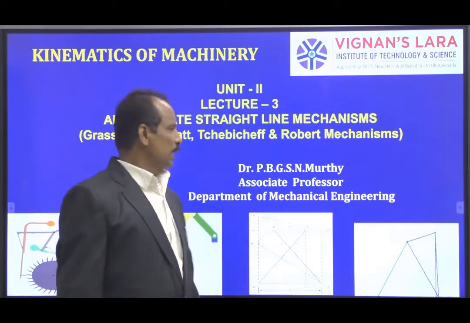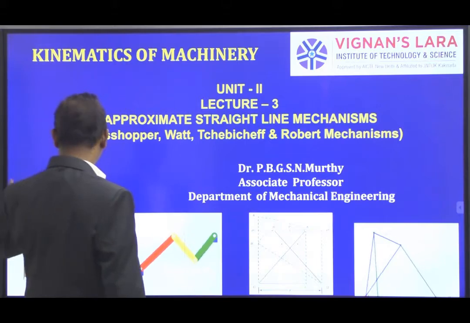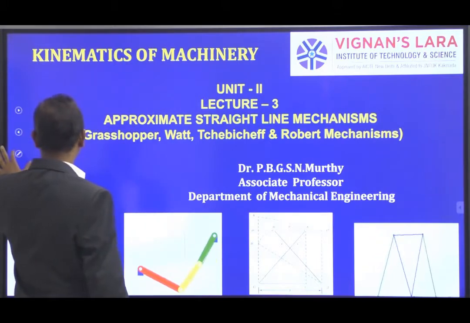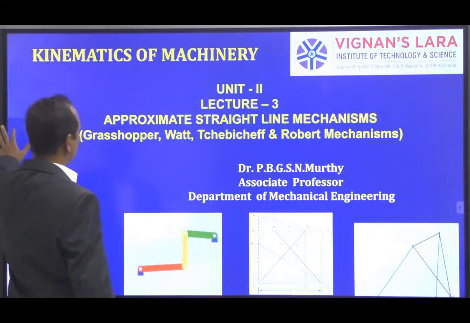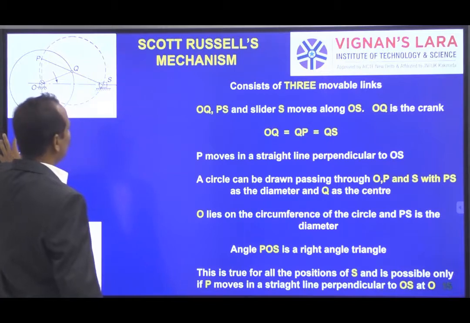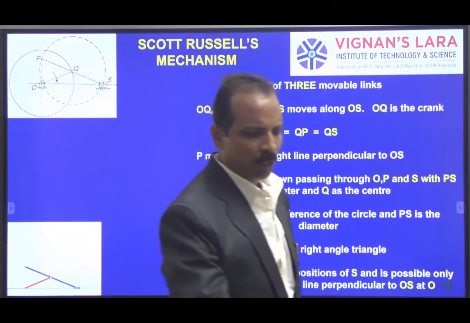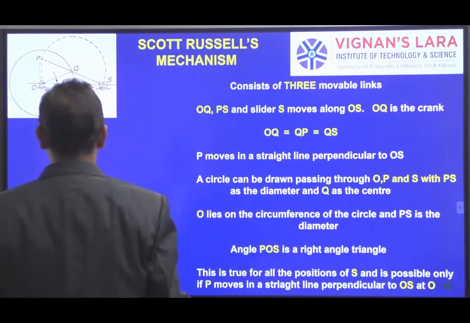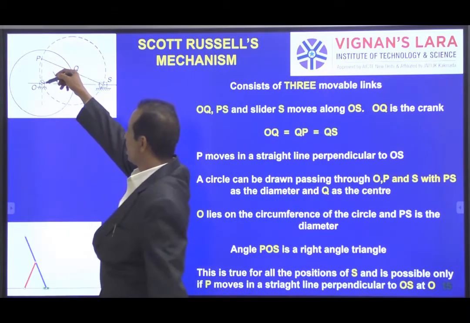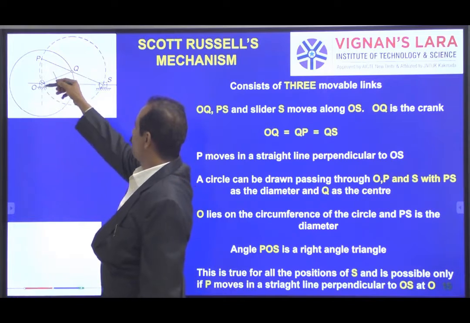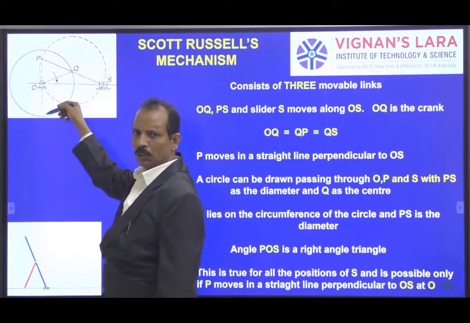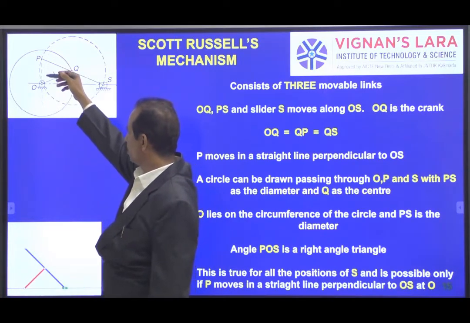In the Scott-Russell mechanism that we discussed in the previous lecture, you can see the output which we are obtaining is passing through the pivot point of the input link. So here we are getting the output.